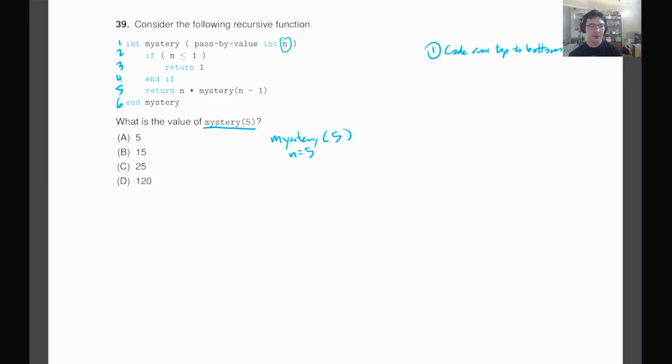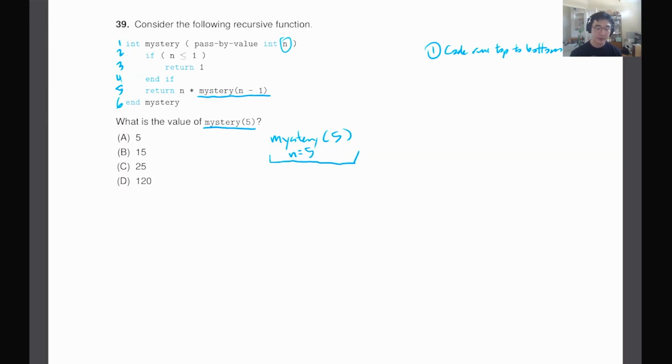All right, I want to return. It's telling me to return, but I first need to calculate this mystery times this value of mystery n minus 1. What is that? I don't know it yet, right? So I'm going to go ahead and put a bookmark on here.